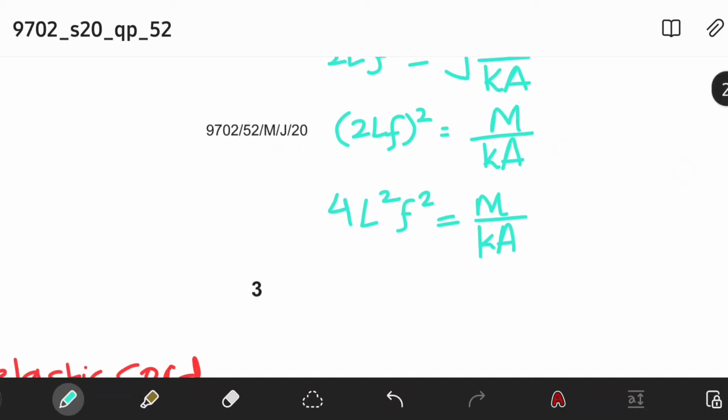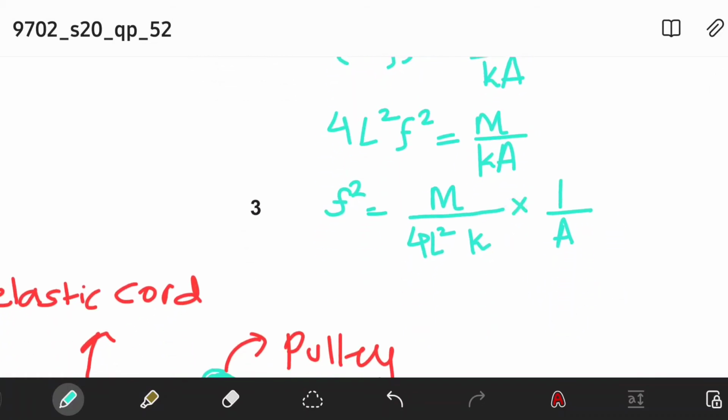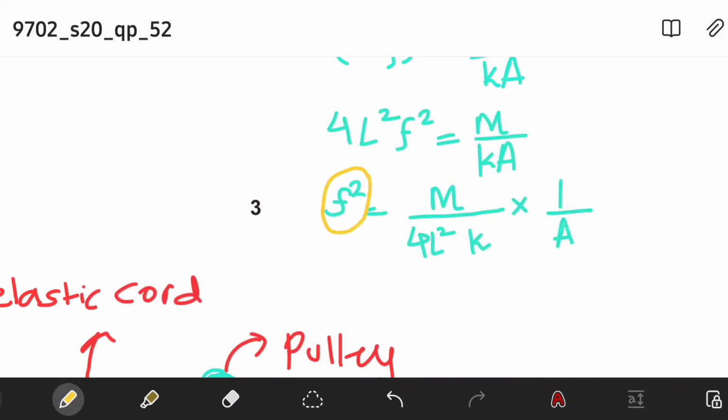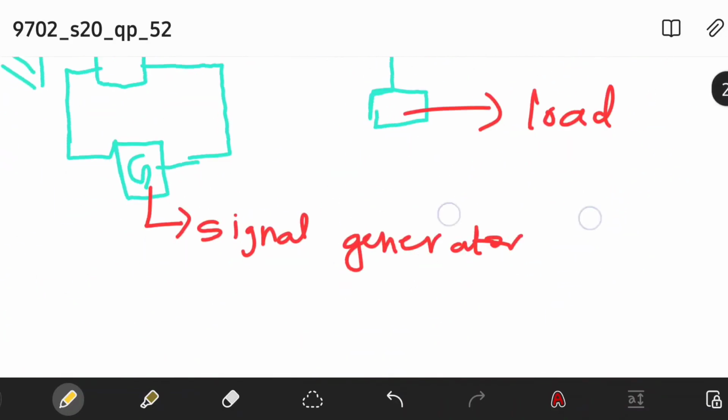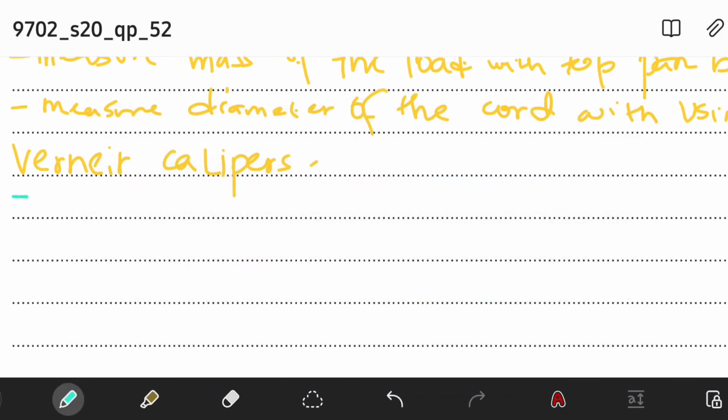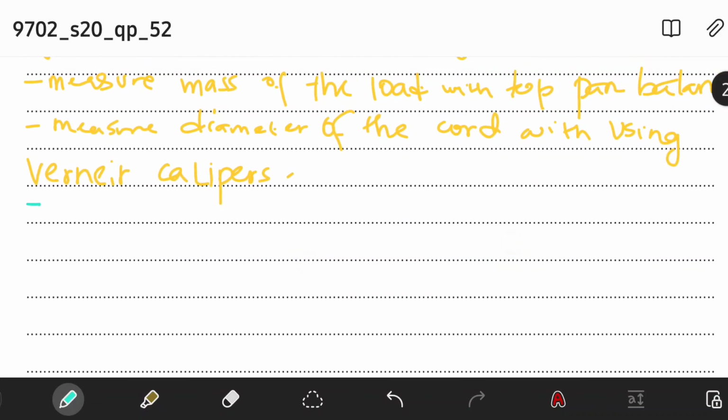Now looking at this, we come to the conclusion that F square is equals to M over 4L square K into 1 over A. This is our linear equation, and the graph would be this on the y-axis and this on the x-axis. That means F square is directly proportional to 1 over A. So let's write method of analysis.